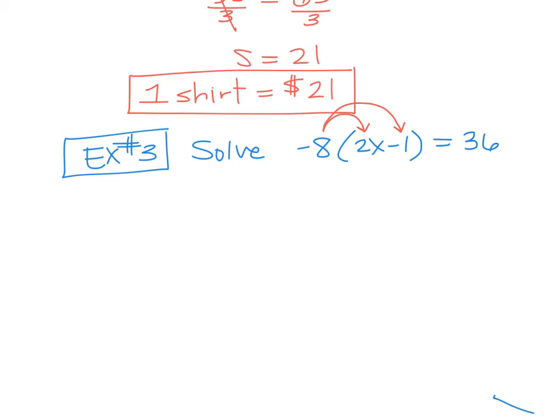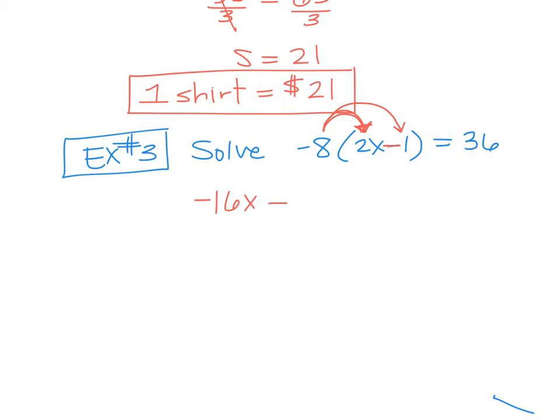Okay, so for the distributive property, we're multiplying negative 8 times 2x first. What is negative 8 times 2x? Negative 16x, right? Times the 1, is the 1 negative? You can look at it either way. You can look at it as we are doing subtraction.